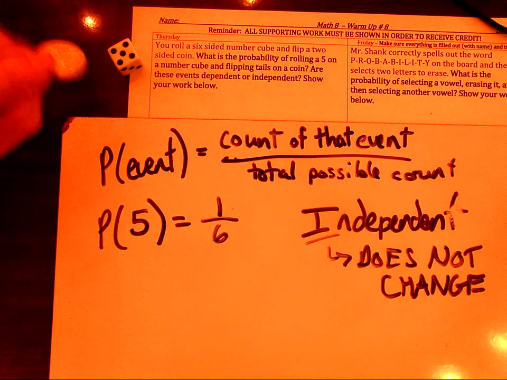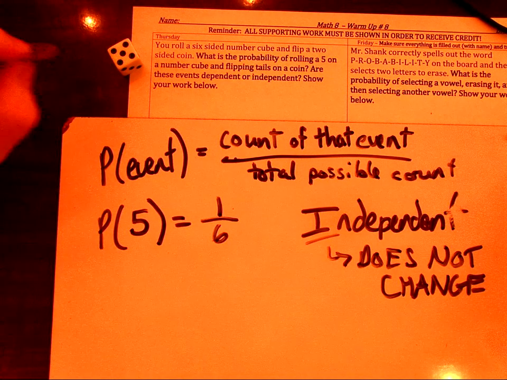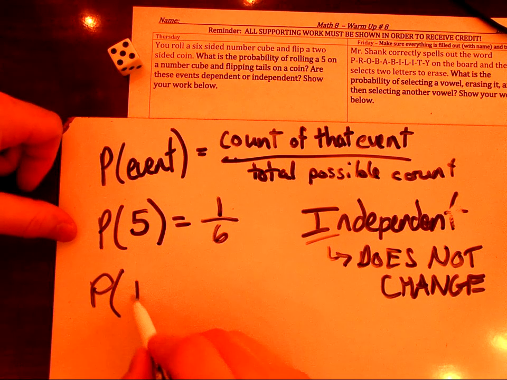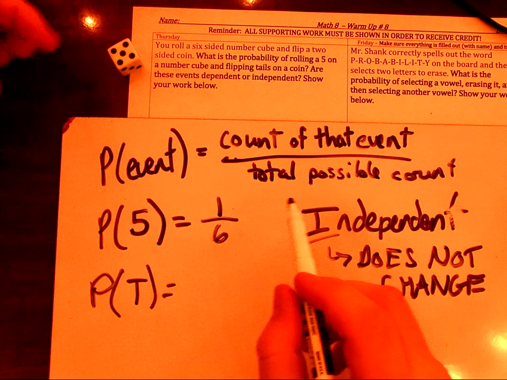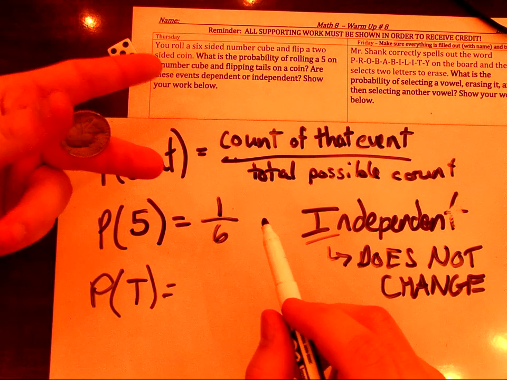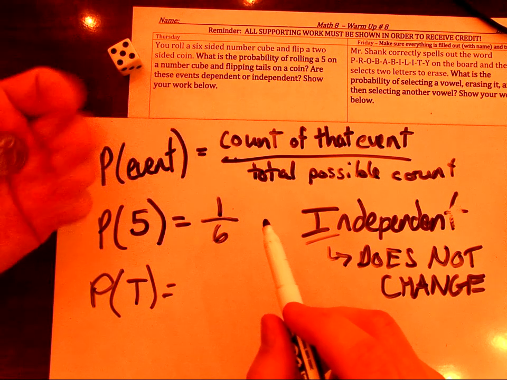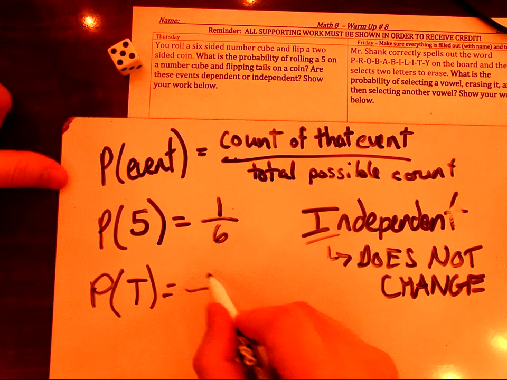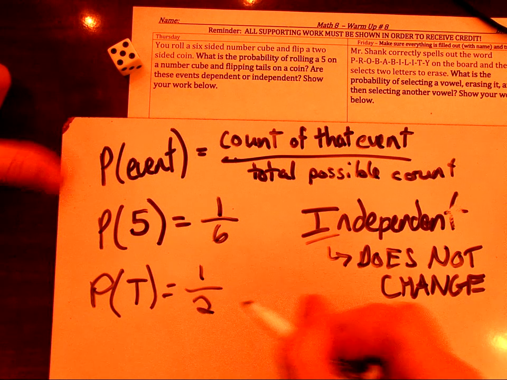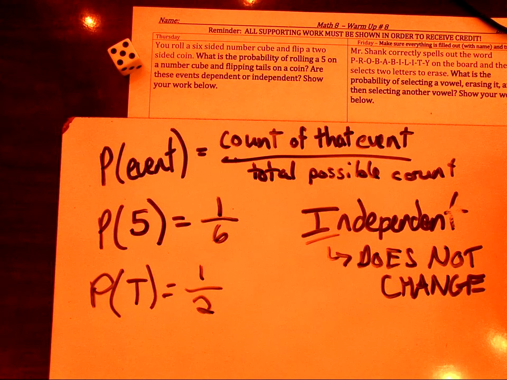So now, how many sides? We're looking for the probability of a tails. How many tails are there on a coin? Well, there's a heads and there's tails, and so we have 1 out of the 2 sides are going to be tails.